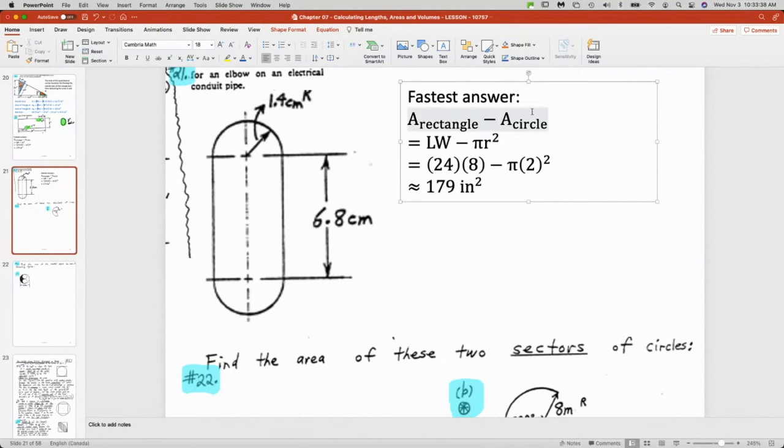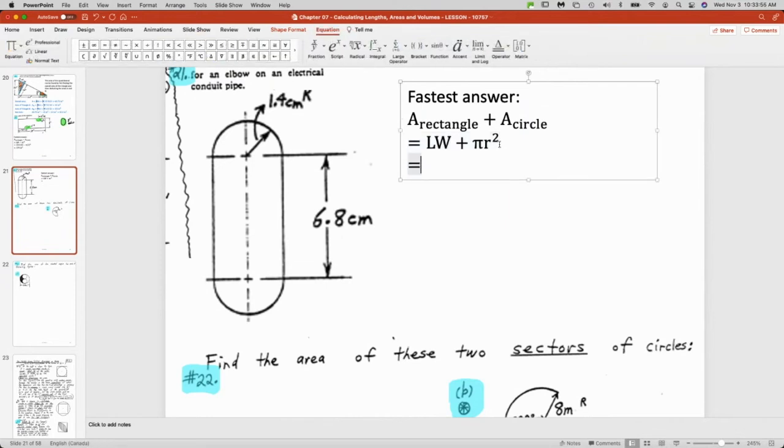The fastest answer here would be the area of a rectangle plus the area of a circle, because these two semicircles form a circle. So if I change that to a plus sign, then most of this answer is recyclable. You see that? Okay, so I'm going to write down the radius of the circle, which is 1.4.